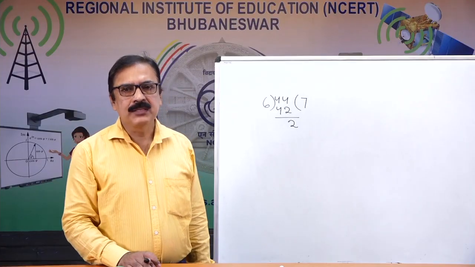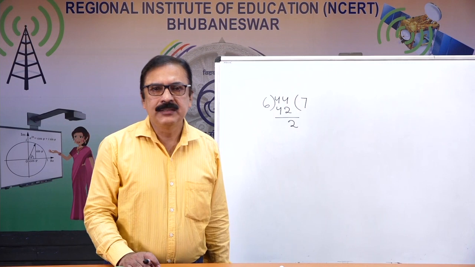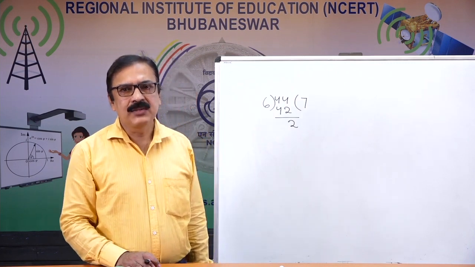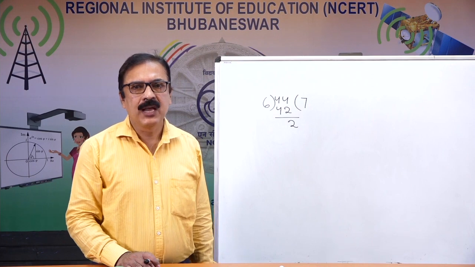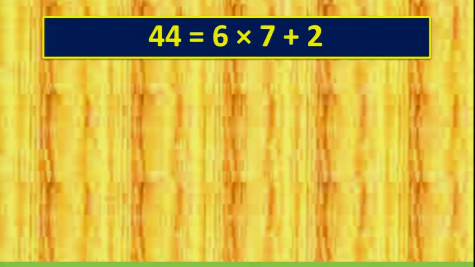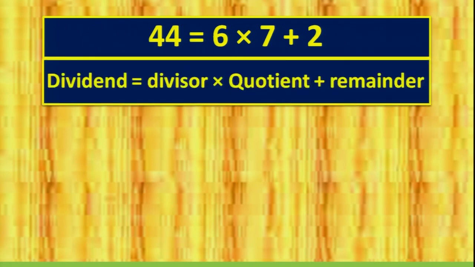Now from this what do we get? We can express 44 in terms of 6 as 6 into 7 plus 2. We can generalize it as dividend is equal to divisor into quotient plus remainder.